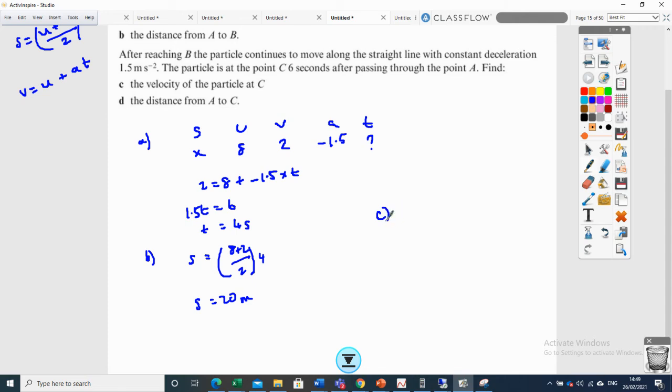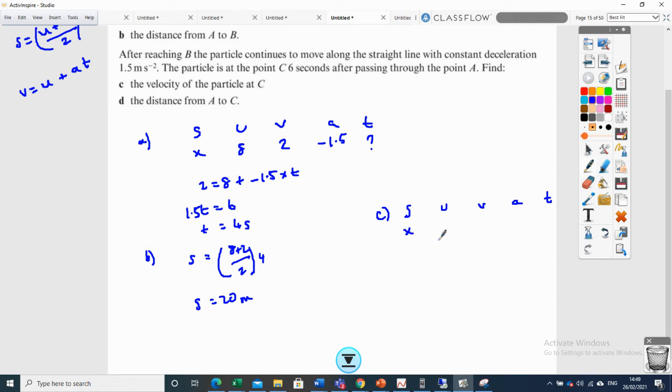After reaching point B, the particle continues to move along the straight line with a constant deceleration of 1.5. So that stays the same. The particle is at point C 6 seconds after passing through point A. Find the velocity of the particle at C. So we've got a new scenario, so we're going to set this up again. So S, we don't know.